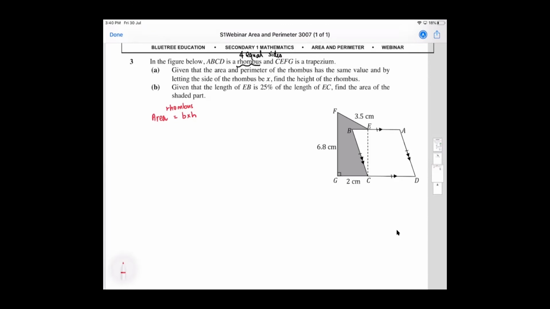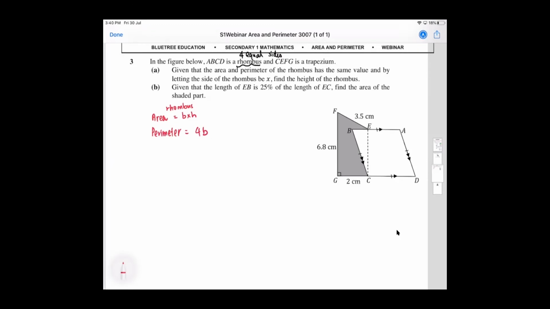Okay, so the perimeter is 4 times the length of one side. Let's say the side is B, the base. It's the same, so base times height, B must be the length of one side, so perimeter will be 4B.